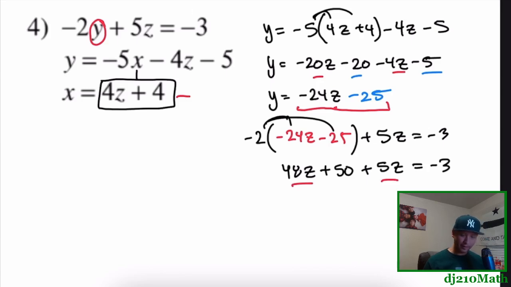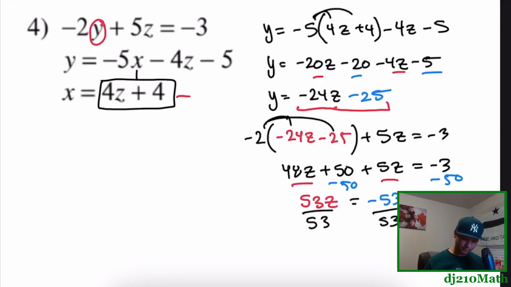Combining 48 and 5, 53z. Minus 50 from both sides, this is equal to negative 53, which is nice. It's nice when it just works out. z is equal to negative 1.